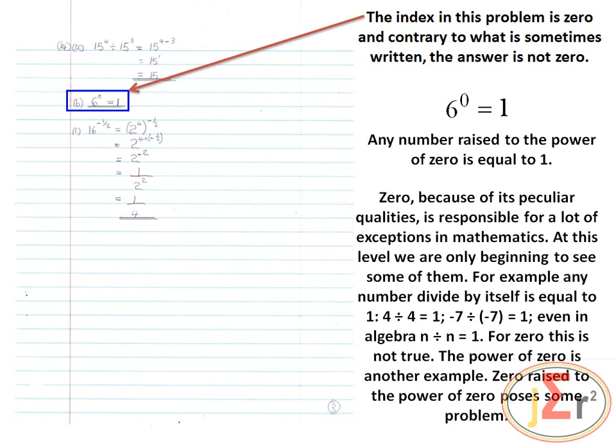For 0, this is not true. The power of 0 is another example. 0 raised to the power of 0 poses some problem. So we are saying that at this level we are only beginning to see some of the exceptions in mathematics that are caused by the presence of 0.